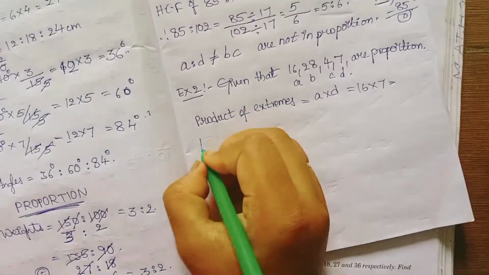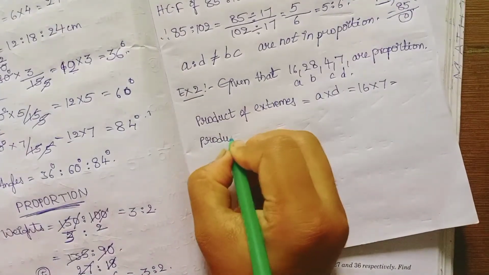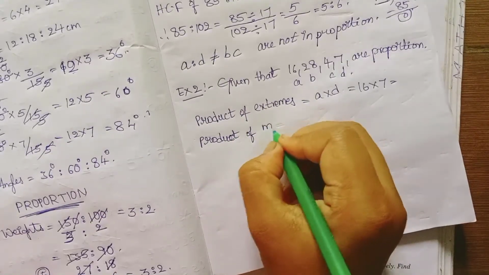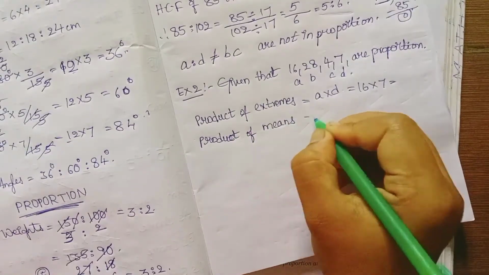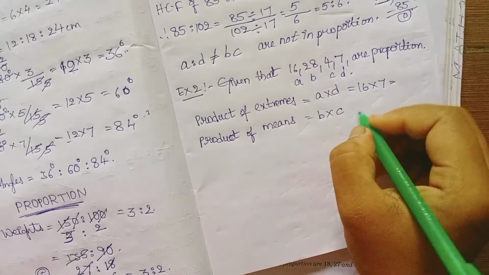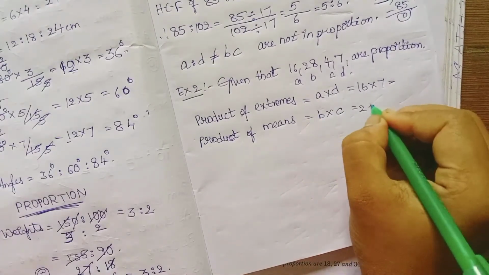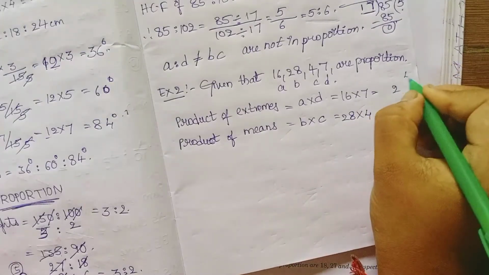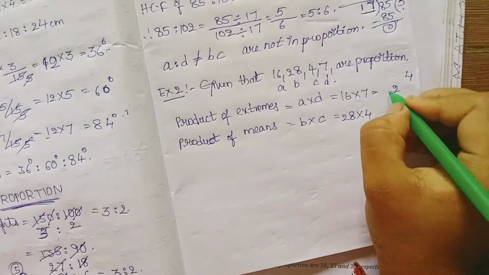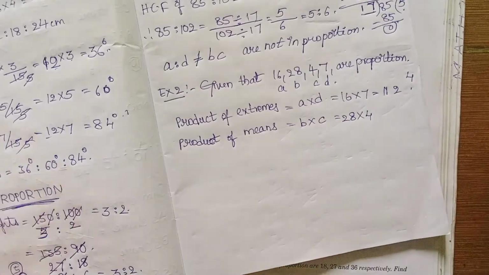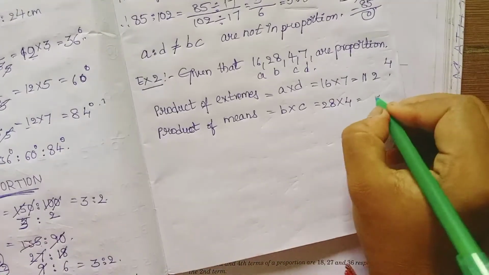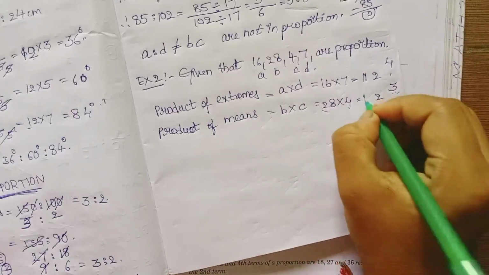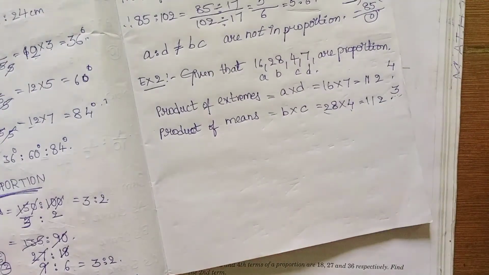Product of means. B into C. 28 into 4. 6 sevens 42. 112. 8 4s 32. 4 2s 8. 9 10 11. Yes, or in proportion.